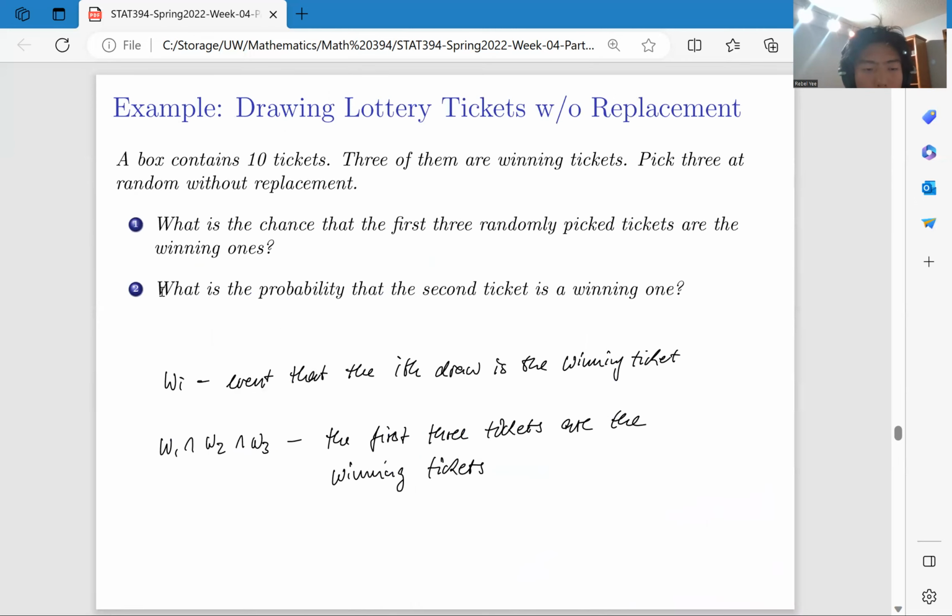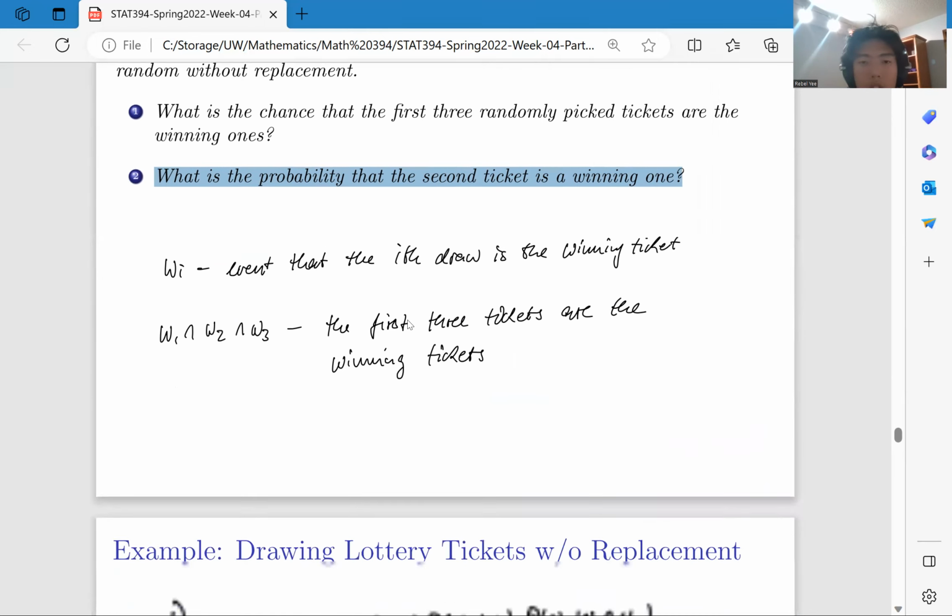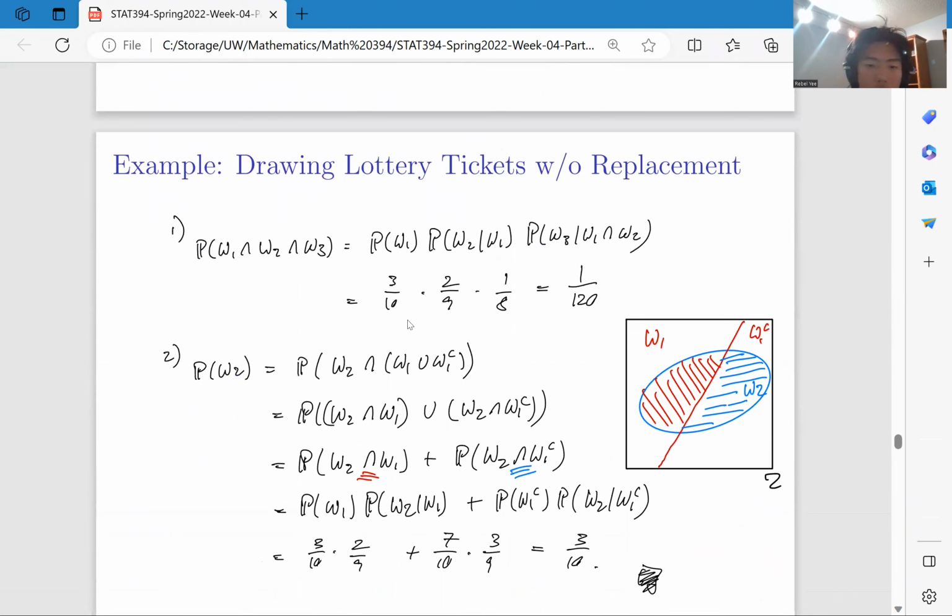The second question asks: what's the probability that the second ticket is a winning one? This seems like a hard question to answer because we don't know whether the first ticket is a winning one or not. So this time we will use the law of total probability.